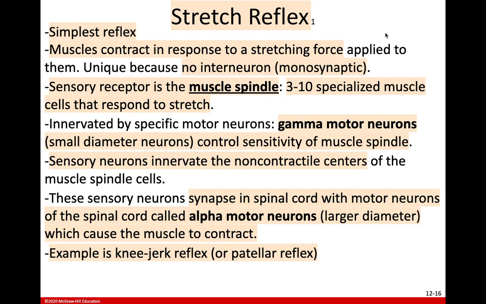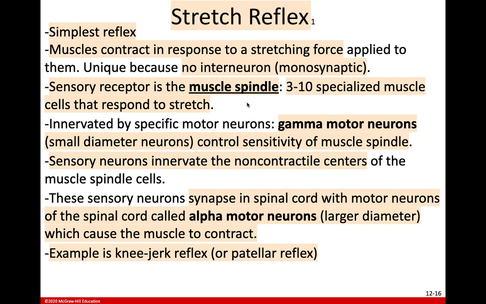The first one we're going to look at, the stretch reflex, is the simplest reflex. This is going to occur when muscles contract in response to a stretching force. Basically, the muscle is stretched too far. It's going to stretch this sensory receptor that we call a muscle spindle, which should sound familiar.